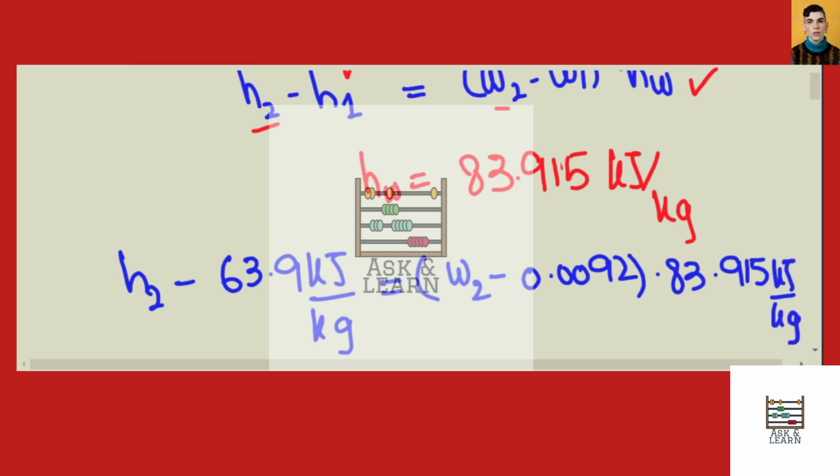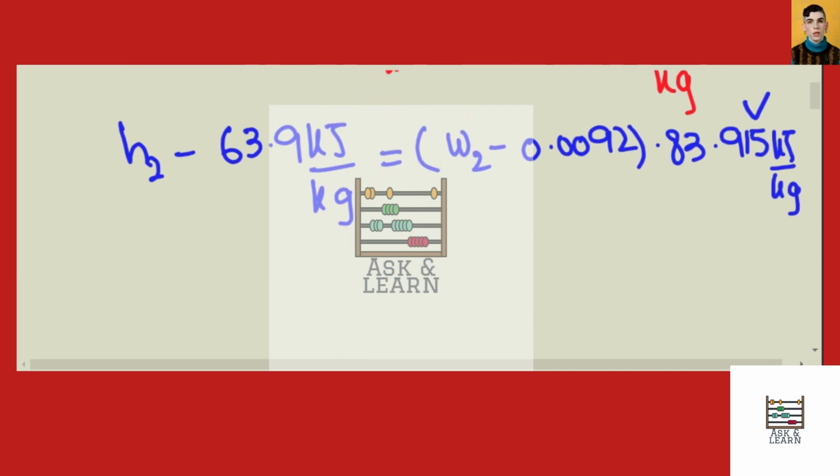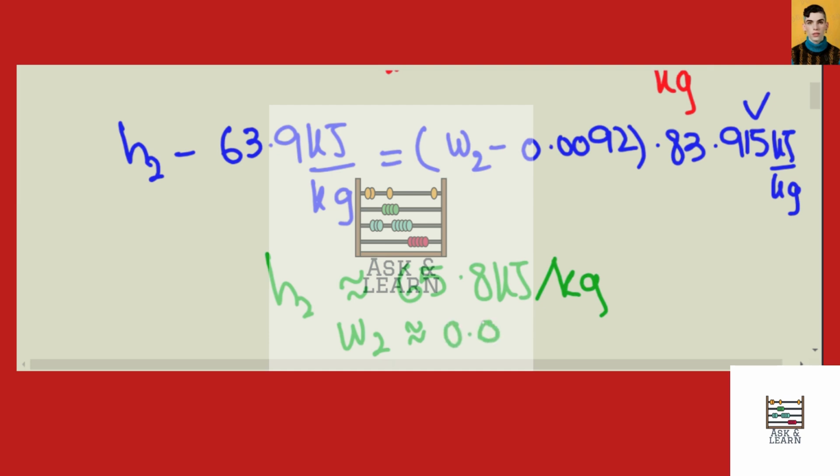Now what we are going to do is approximate this equation for the enthalpy and specific humidity, right? And we get that the approximated value of the enthalpy is equal to 65.8 kilojoules per kilogram, and the approximated value of the specific humidity is equal to 0.01596.